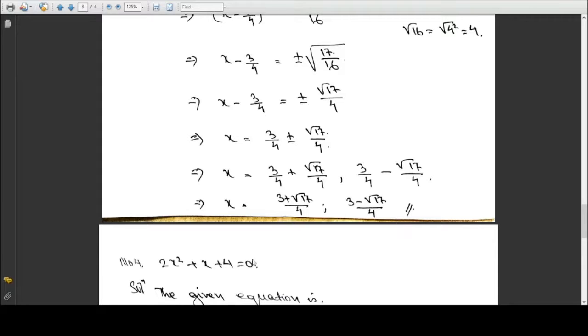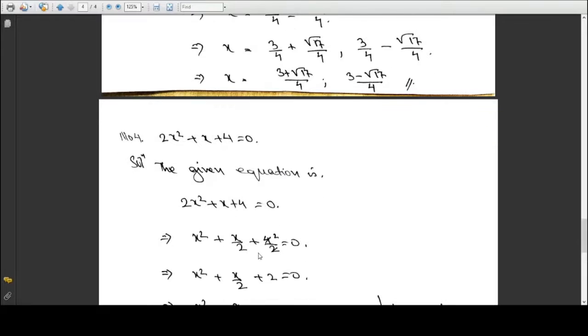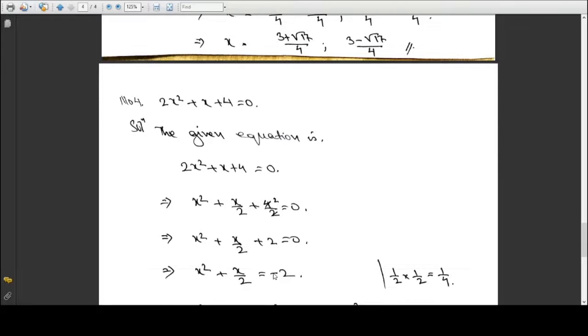Next we have number 4. The number 4 is 2x squared plus x plus 4 equals 0. Here also the same thing, you remove this 2 by dividing both sides of the equation by 2. If you divide by 2 here, you get only x squared. If you divide by 2 here, you get x by 2. If you divide by 2 here, you get 4 divided by 2 is 2, isn't it?